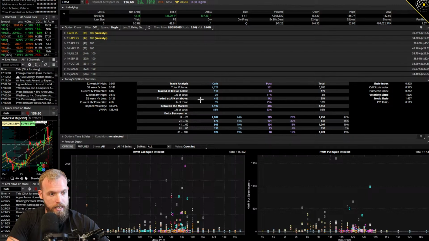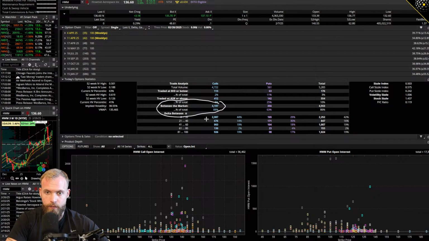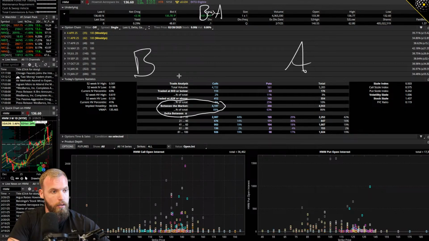If this is 88% of instances, how can I classify if these were bought or sold? Well, if we're trading something that's illiquid like this, it actually becomes easier. Because rather than something like the S&P 500, where the bid and ask might be this distance apart, HWM being less liquid, the bid-ask spread is this distance apart, right?